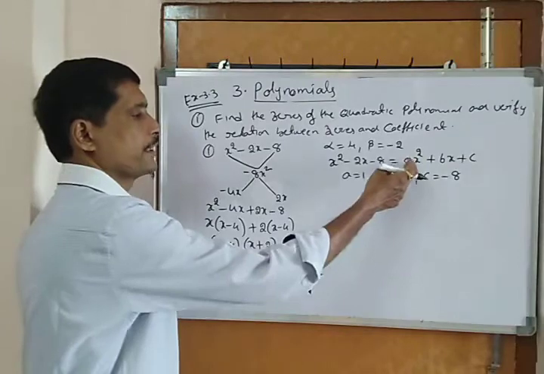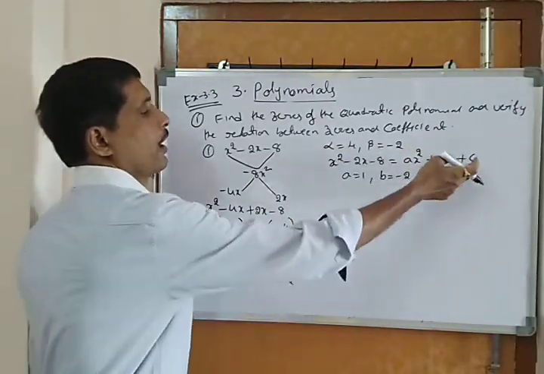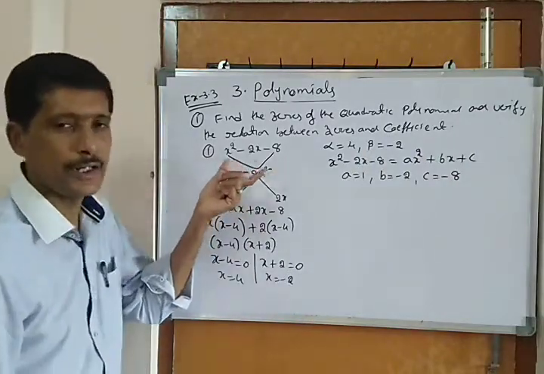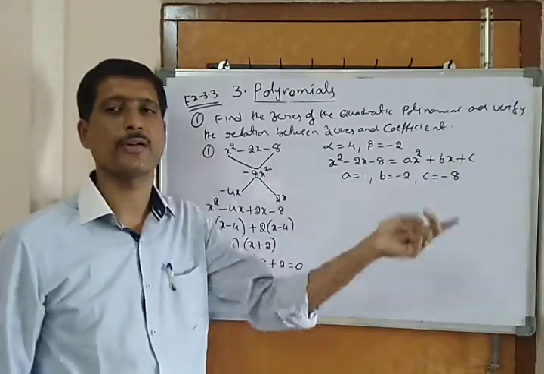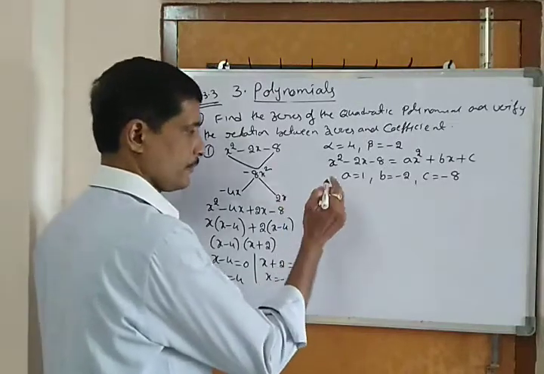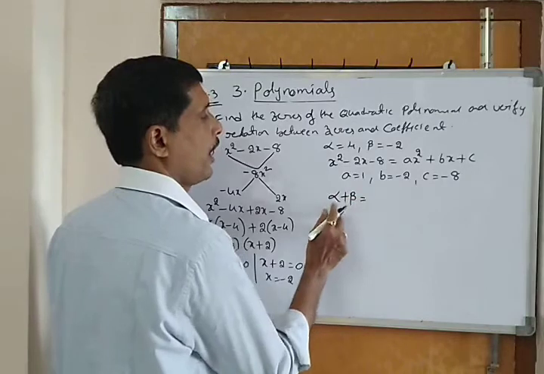The coefficient of x is b, here minus 2. The constant here is minus 8. Compare this one. Suppose the variable is t, here also a quadratic polynomial, take a variable t. Okay.